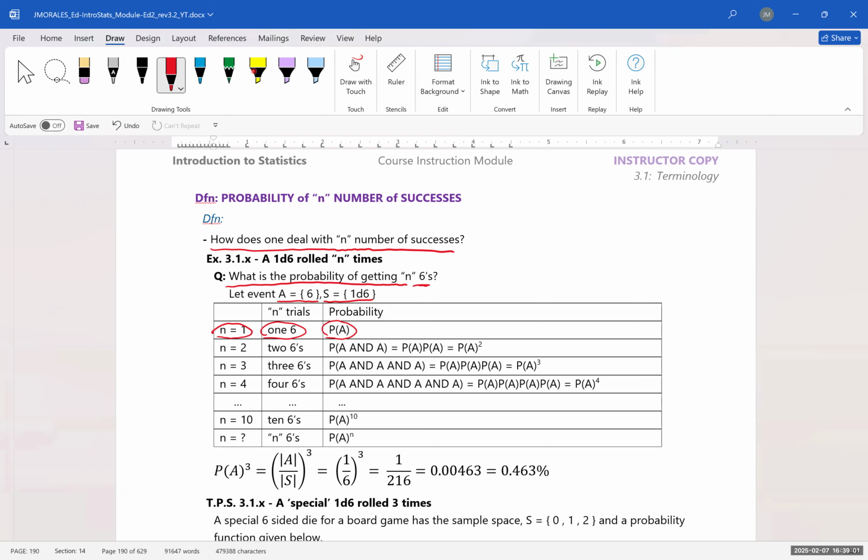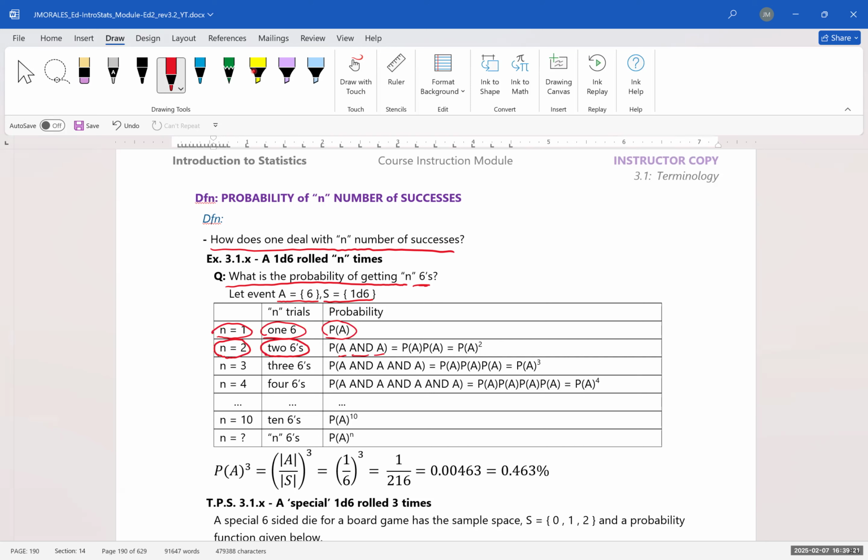But what if we rolled the dice twice? We performed two trials. Then we'd want to know what's the probability of getting two sixes. The probability of getting two sixes is the probability of getting a six and a six.